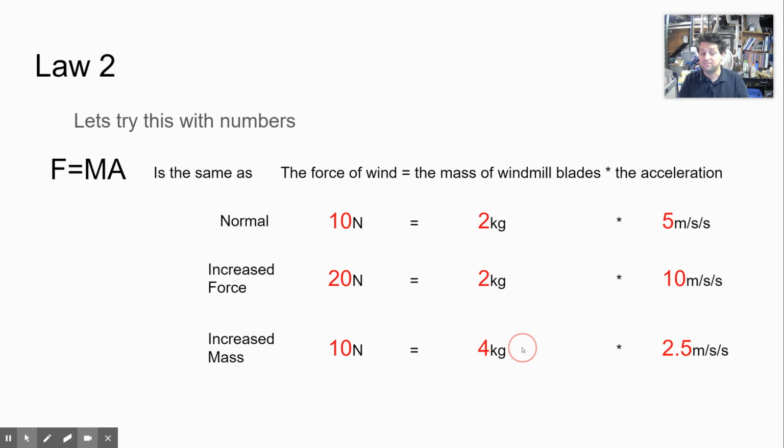Now, the tricky part of this is that when I increase the mass of my windmill blade, I'm probably also increasing the amount of force acting on it. So what I'm getting is a value in between these two settings where the mass has gone up, but so has the force of the wind. And how is that going to affect my acceleration? It's a balancing act.